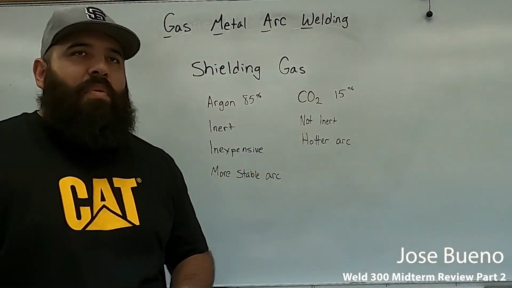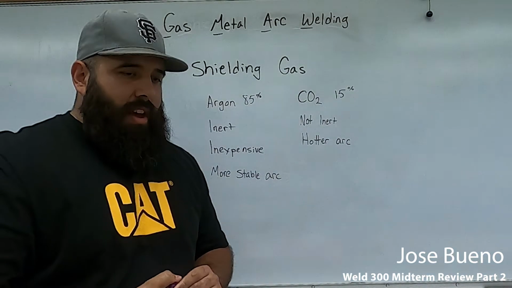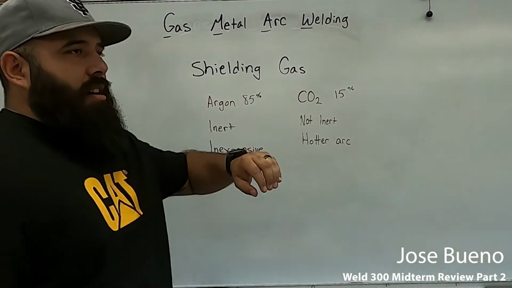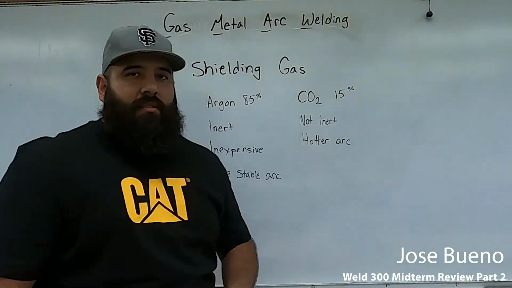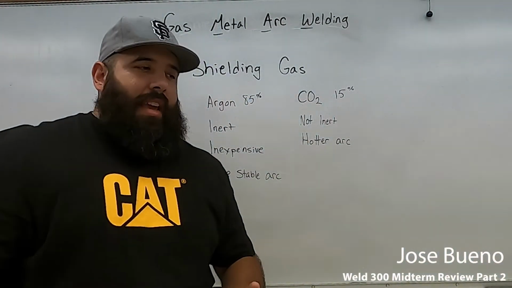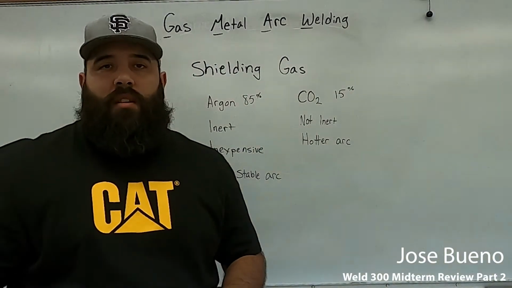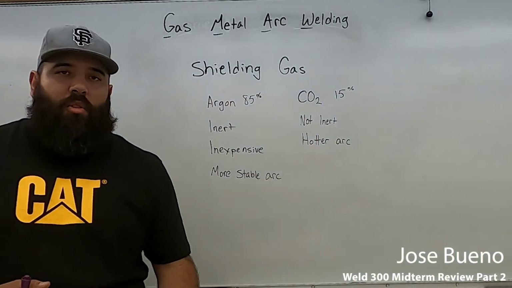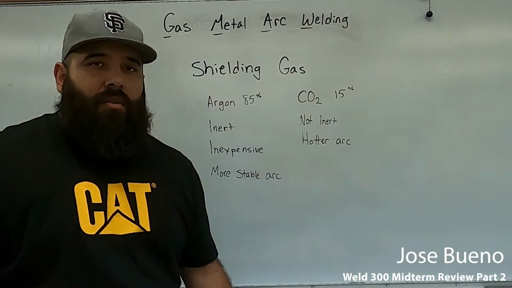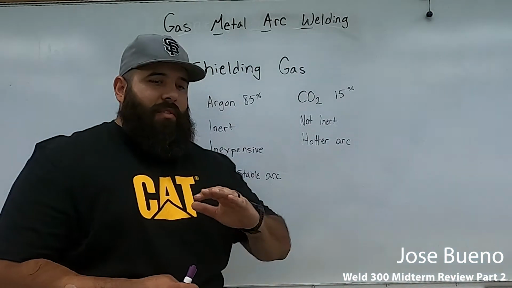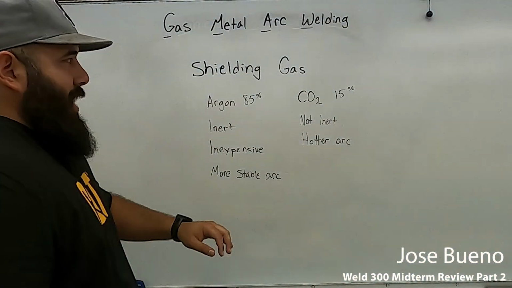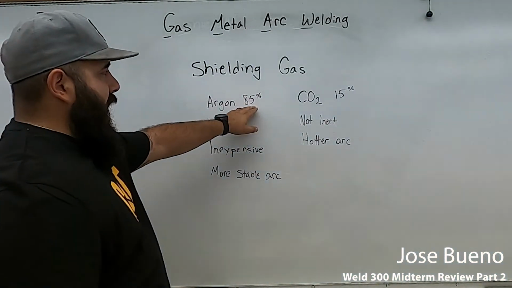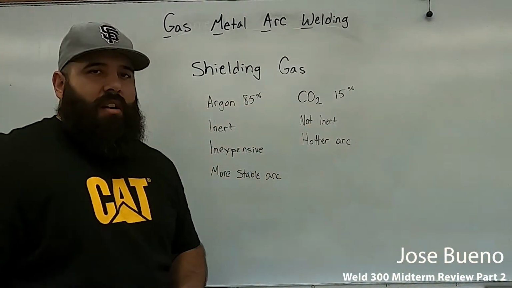Now, some places will actually say that a better ratio or a better mixture would be 75% argon and 25% CO2. But it really comes down to what work you're trying to do. Because our program does incorporate spray mode in later courses, and you'll find all this out later on, it's actually advantageous to have a higher presence of argon.